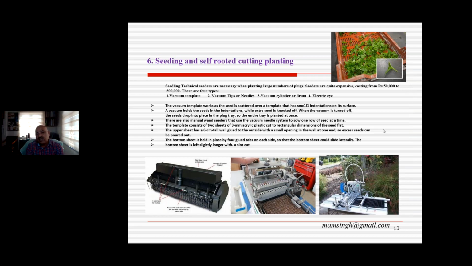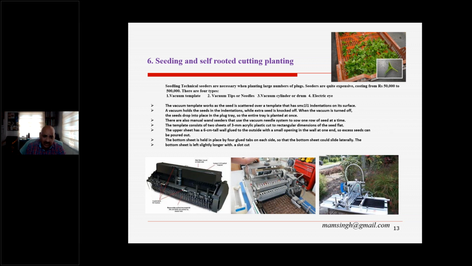Now as we said, the industry is going very fast. So when you have to supply a large number of seedlings, then you need to go for highly sophisticated machines also for planting the seeds. Pneumatic seeders are available in the market. They are very simple and also very high capacity.